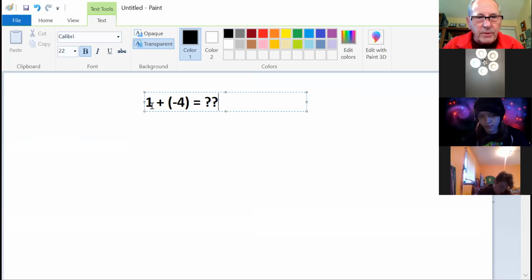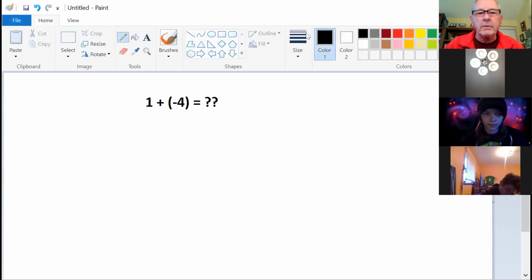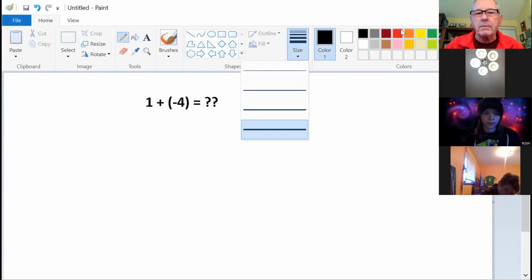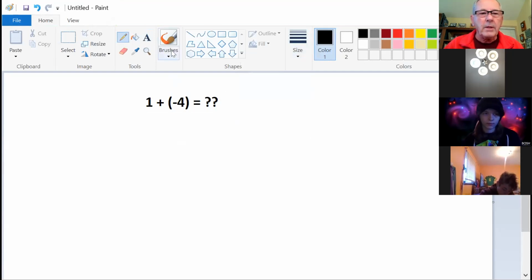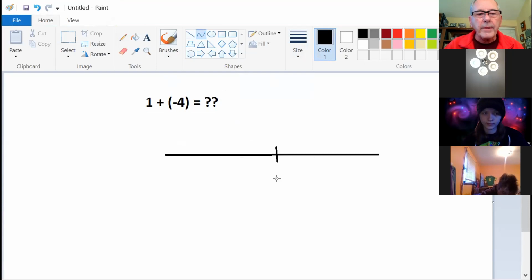In this particular case, we're having a 1 plus a negative 4. So if you look in your number line like this, you've got a line, right? That's your line, and right in the middle is 0.